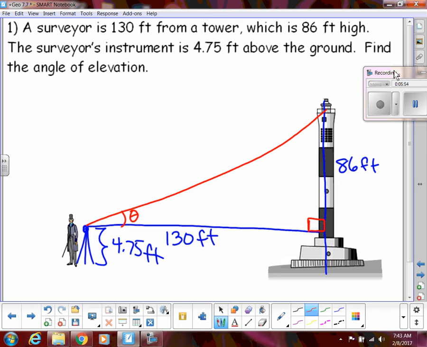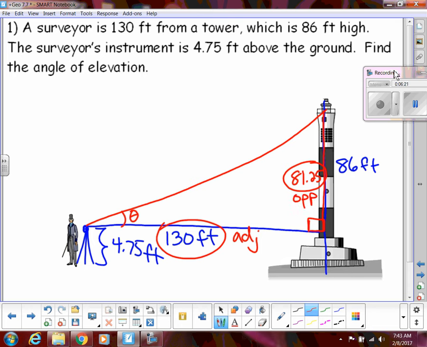All right, so first of all, I want to make sure we understand that in this triangle, right here, this side is not 86, it's 86 minus the 4.75. So this is really 81.25. Okay, so I'm using 130 and 81.25. The 130 is adjacent to that angle, and the 81.25 is opposite.